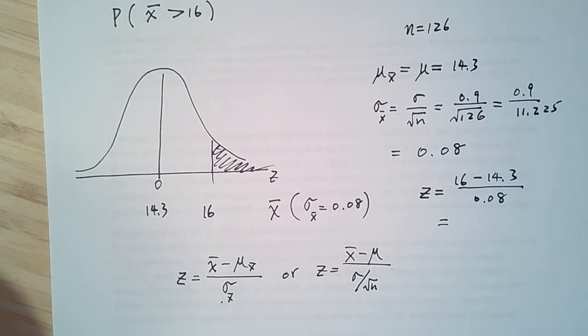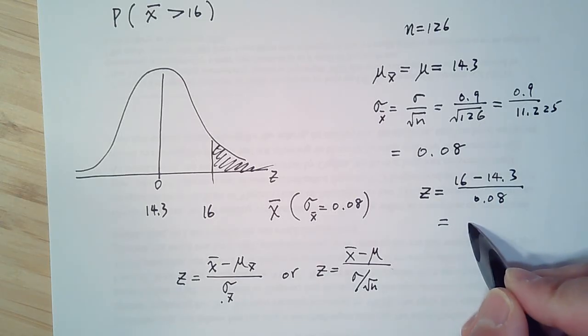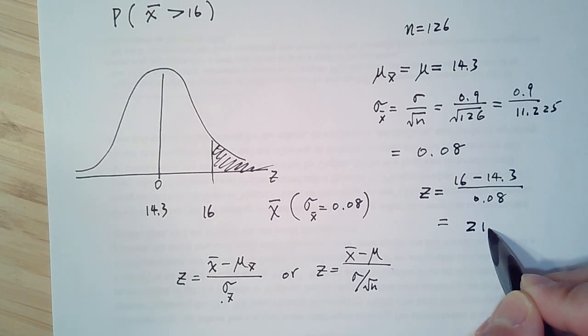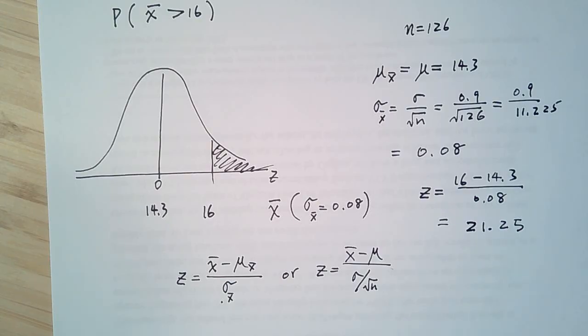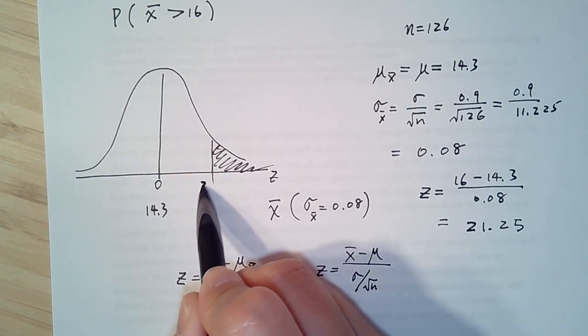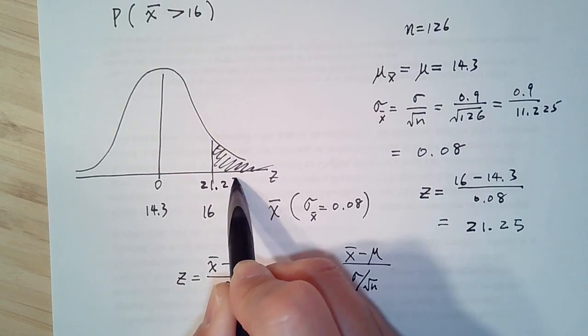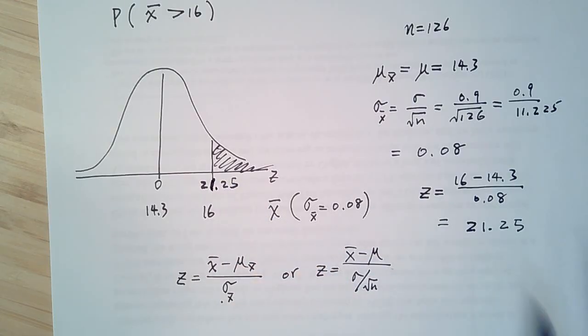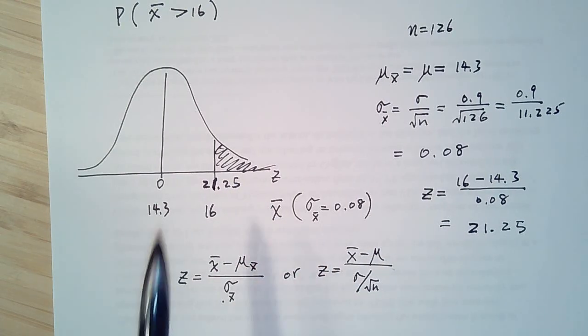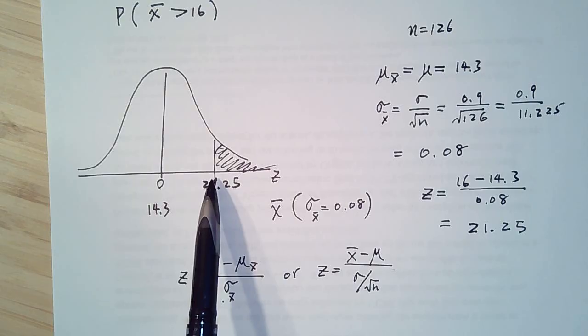So let me quickly do this. 16 minus 14.3 divided by 0.08, you get 21.25. What do you think? On your z table, the maximum z score that you have on the table is only 3.99.